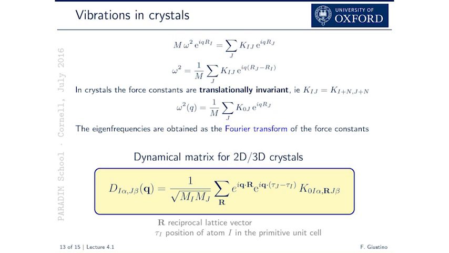So in the case of solids, the frequency will now carry a dependence on this kind of wave vector here, which is the phonon wave vector in practice. The frequency will depend on the wave vector, and this wave vector is essentially the one which decides the Fourier component of the force constants that you're looking at.